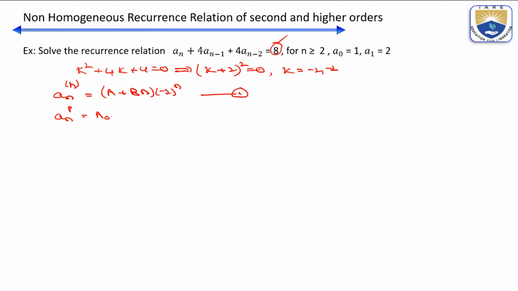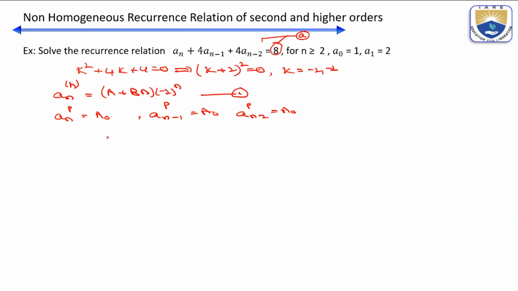So we write the assumed particular integral as only a naught. Now, if it is a particular integral for the given equation, it automatically satisfies the given equation. So a(n minus 1) power p is also a naught, and a(n minus 2) power p is also a naught.